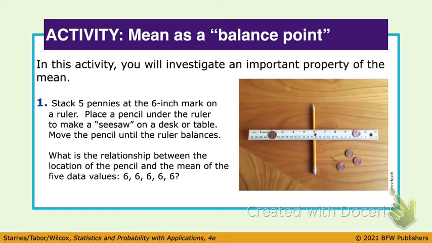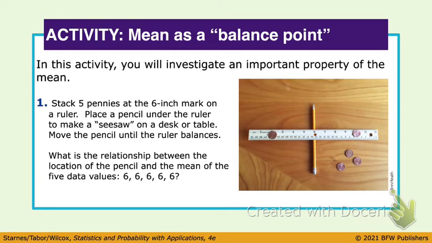Basically the question being, what is the mean of 6, 6, 6, 6, 6? It's 6, right? So it appears that the pencil shows us where the mean is for those pennies.